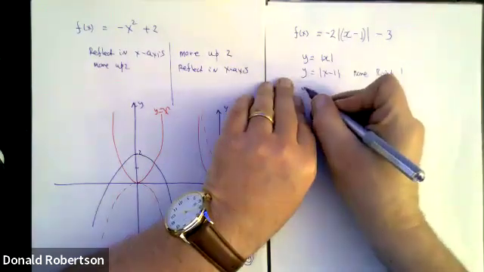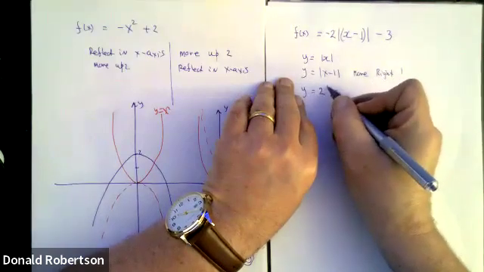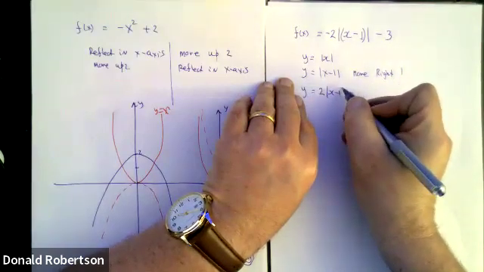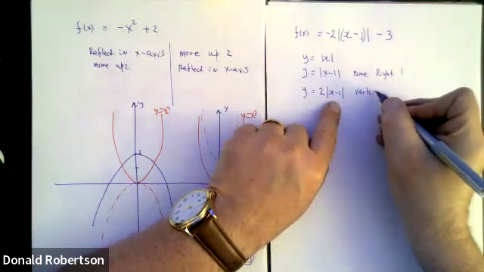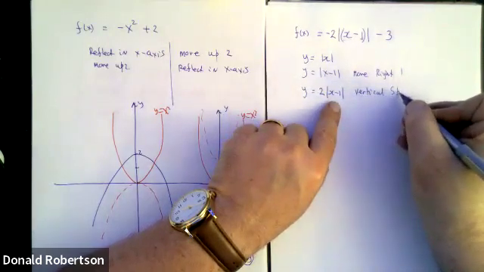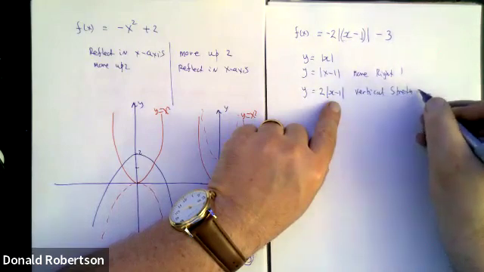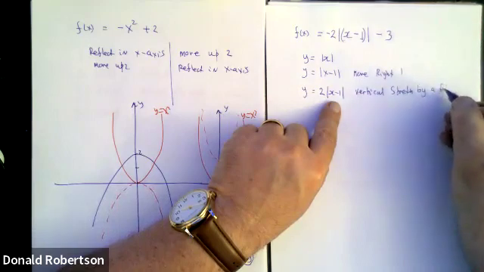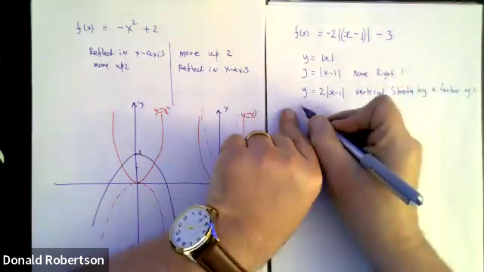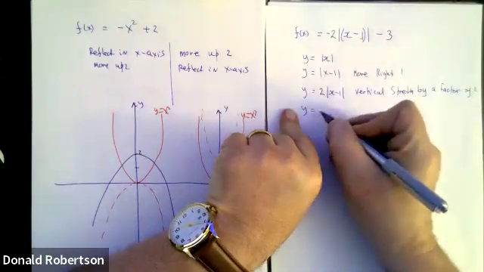Okay. Then you've got a 2 to take care of. That 2 is a vertical stretch by a factor of 2. Then this negative.